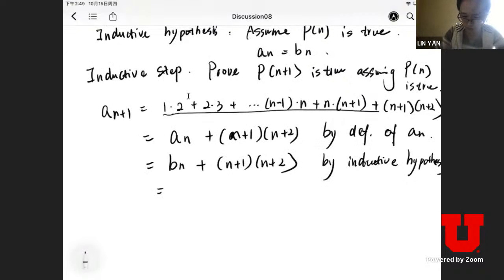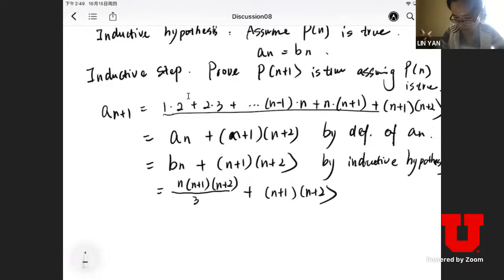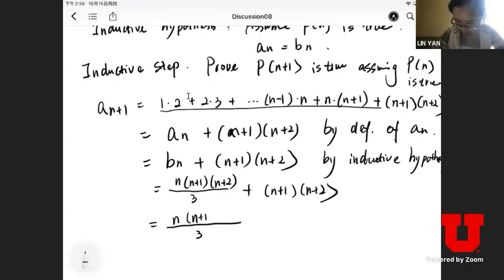Then we use a function to substitute the Bn. It is equal to, because we have the 3 below, so we can add 3 to both the top and the bottom for the second item.